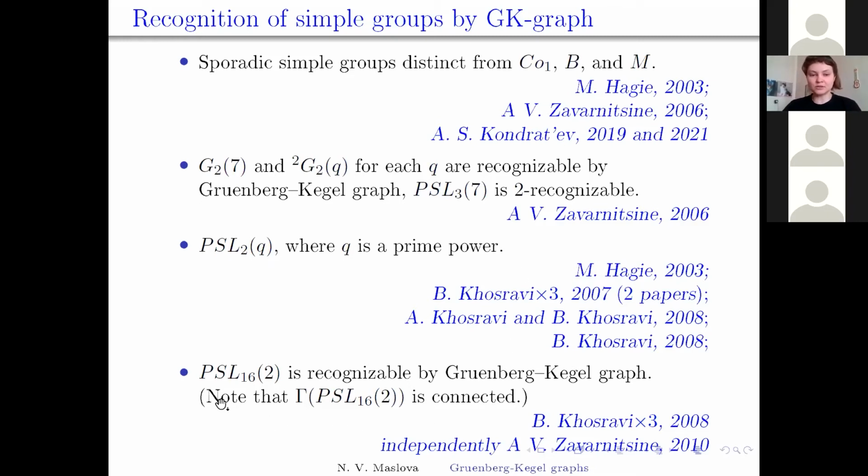A very remarkable result is that the group PSL16 over the field of order 2 is recognizable by its Gruenberg-Kegel graph. It's an independent result by the three Khosravi brothers, and independently by Andrei Zavornitsyn with distinct techniques, and a very remarkable result since it was the first example of a finite group with connected Gruenberg-Kegel graph which is recognizable by Gruenberg-Kegel graph.